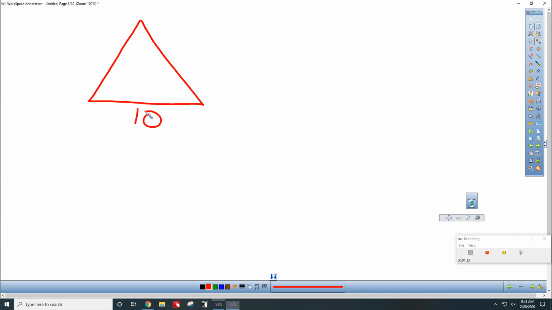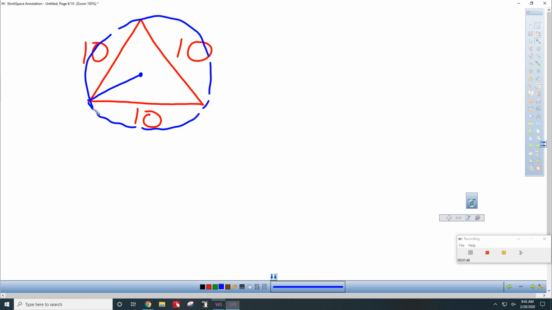So if our base is 10, our perimeter is 30, okay, so we'll have to remember that for a triangle. Now that's the R we're talking about. Now you might be wondering, why is that an R? If I circumscribed a circle about that triangle, that would be the radius. So how do I find that?